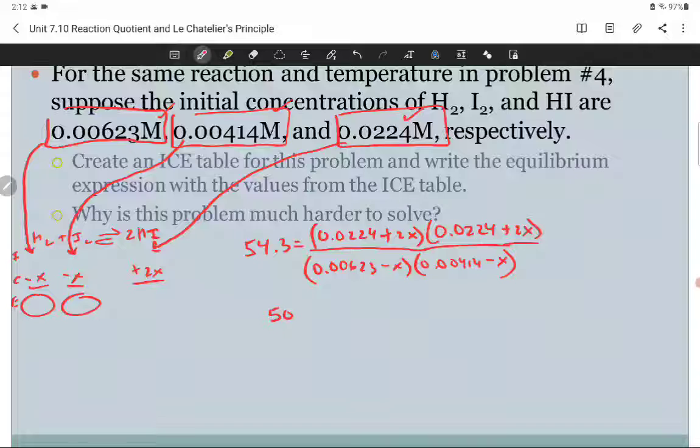And to make things go just a little bit faster, I've already done the FOIL on a piece of paper. Again, you might have had this in your graphing calculator, the quadratic setup.